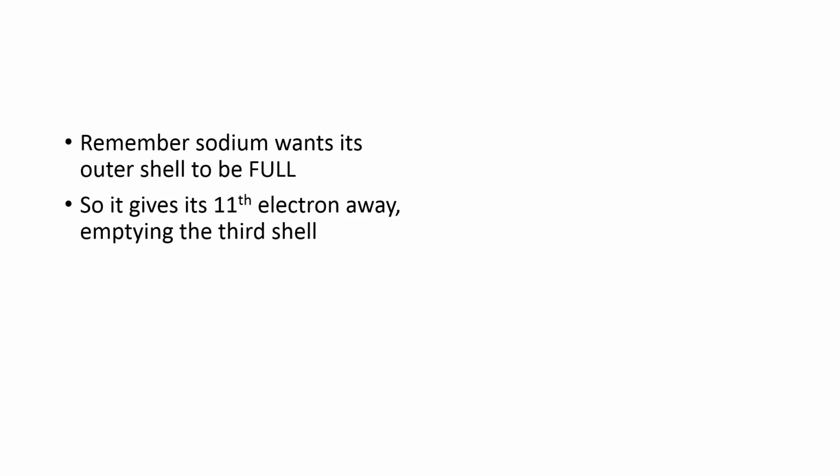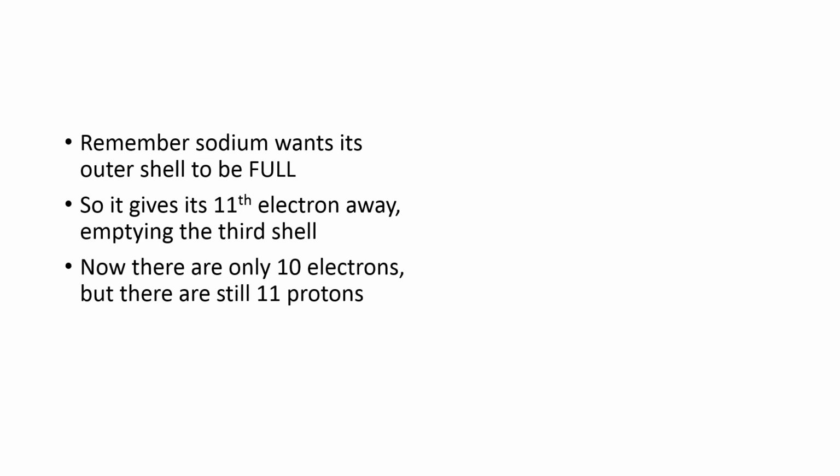When it gives away that outermost electron, that single electron all by itself, that third shell becomes empty, and the outermost shell becomes the second shell, which is full. Now, though, there are only 10 electrons, 2 in the first shell and 8 in the second shell. But there are still 11 protons in the nucleus.